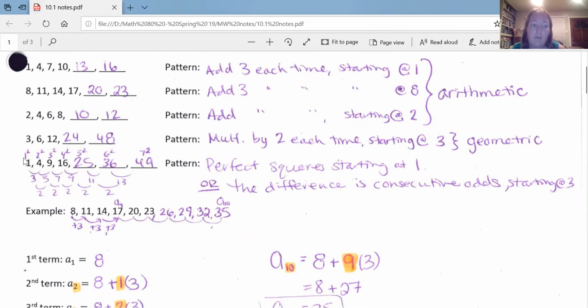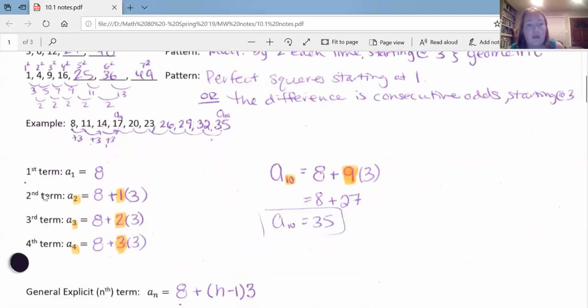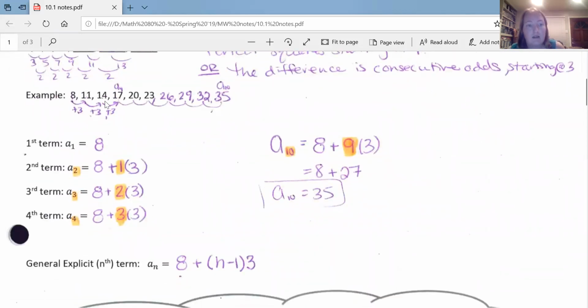This is like 1 being the input, 1 squared, 2 squared, 3 squared, 4 squared, 5 squared. Again, the input are the integers that are positive. So in this example here, 8, 11, 14, you can see that there's a consistent common difference of 3. You're adding 3 each time.